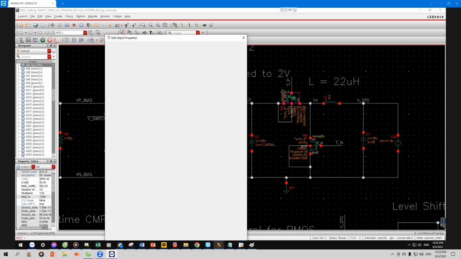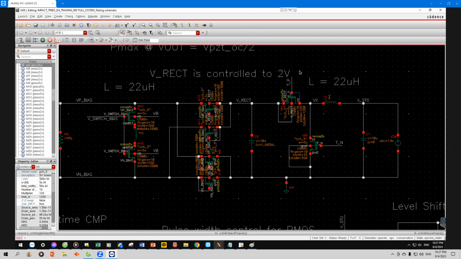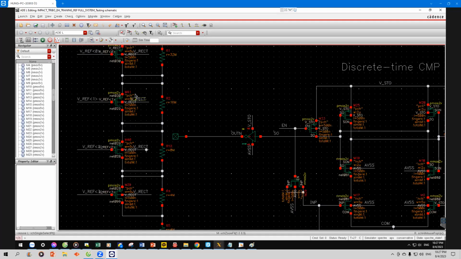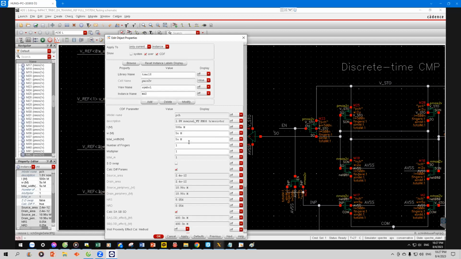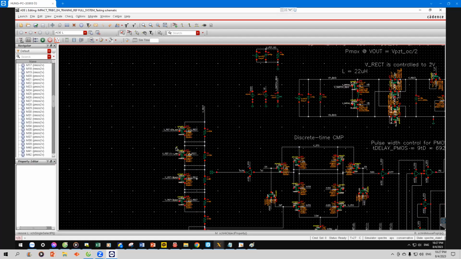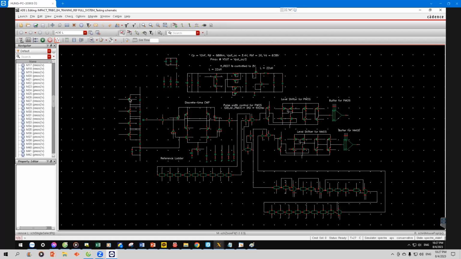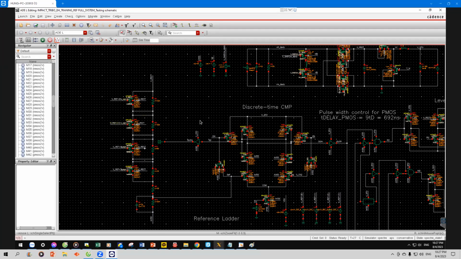So the size of this MOSFET is also big, so we need more power to control this gate and this gate. But for this, we use a very small MOSFET. So the power consumed here is very small, so it can be omitted. Almost zero compared to the other circuits. So we can use an external reference voltage.